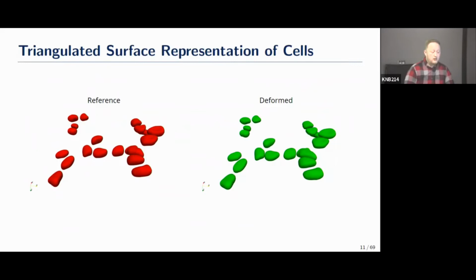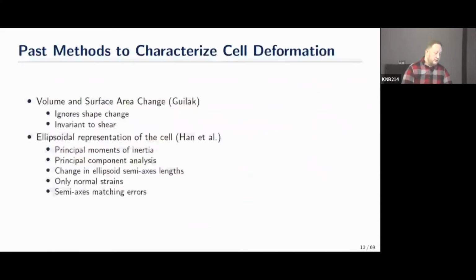So now that you have a numerical quantification of shape, how do you calculate deformation between, say, those unloaded and loaded states? Historically, the first thing that was done is from those triangulated surfaces, you can directly calculate the volume and surface area. So you can look at the change between unloaded and loaded states of the cell's volume and surface area.